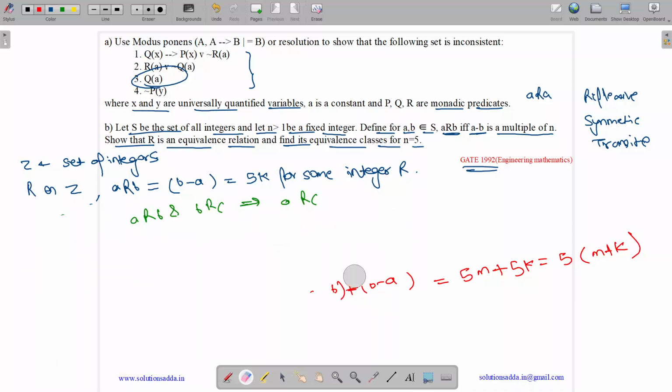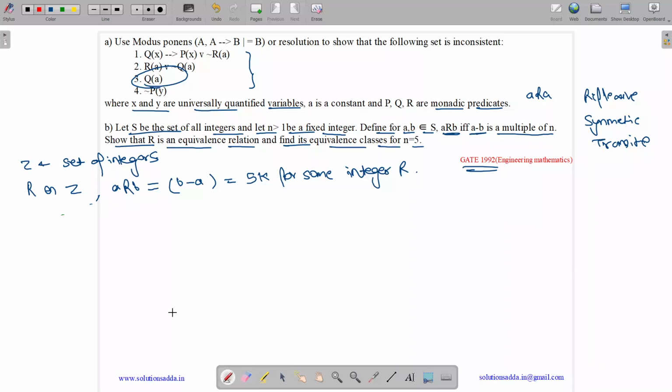Now we need to tell what the equivalence classes are for n equals 5. We can easily observe that for n equals 5, it is nothing but congruence modulo 5. I will show you how. Let us assume the first equivalence class is A such that A belongs to integers and A mod 5 equals 0.